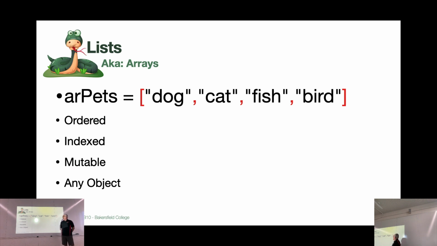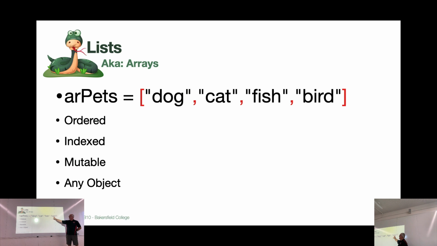But an array or a list looks like this. It uses square brackets. These are not parentheses, they're square brackets. And it has a number of items from 0 to infinity that are separated by commas.